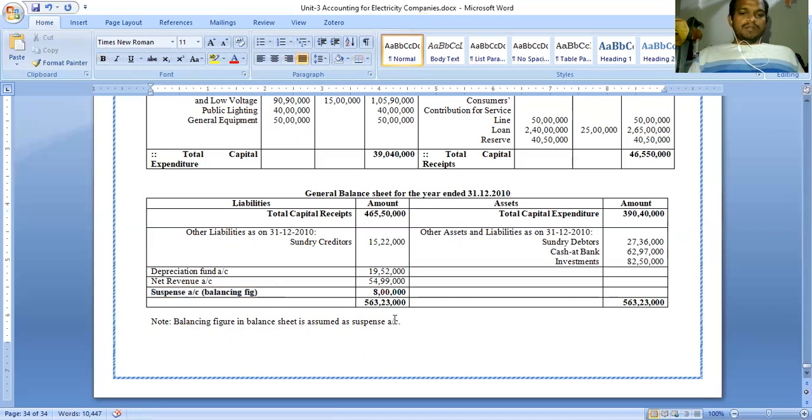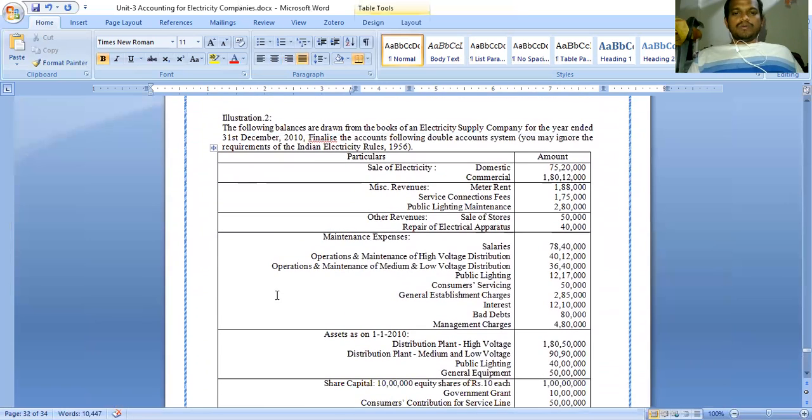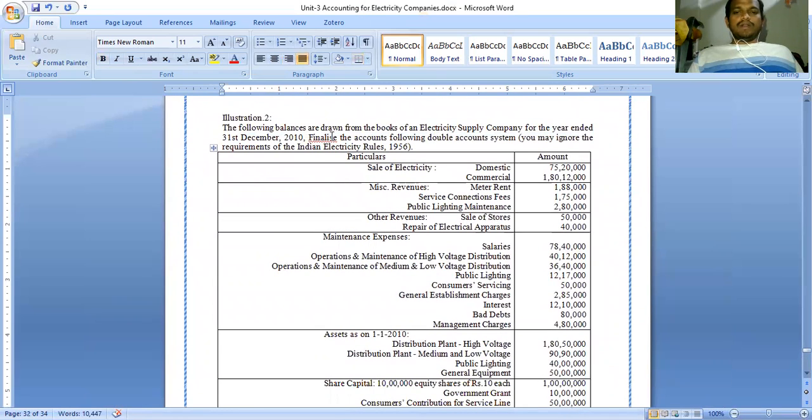So by mentioning the note, we just transfer this amount to suspense account. So this is how we have to solve the final accounts in the electricity company.